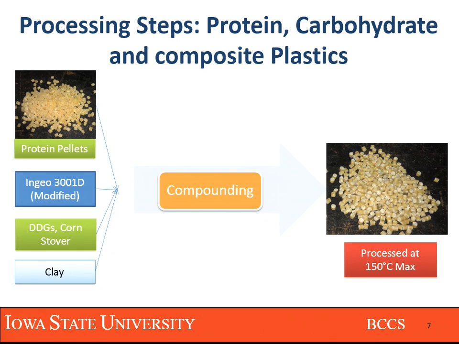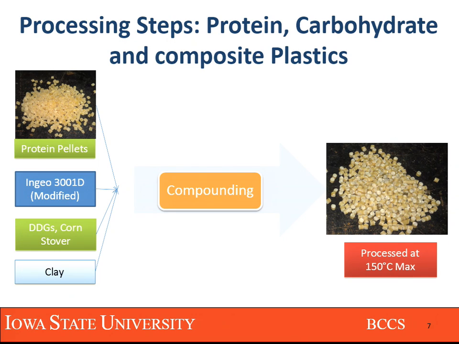Once we got to that stage, we would compound them and get the final resins, which would either be a blend of PLA protein, PLA DDGs, or PHA DDGs, and on and on, basically the 30 different materials which you saw earlier.